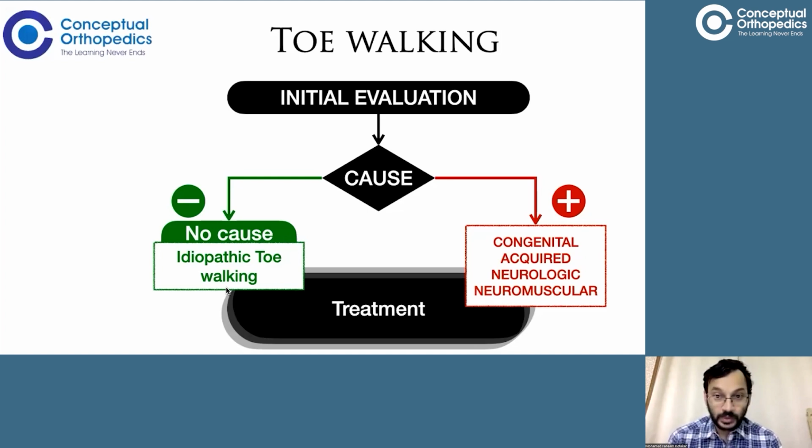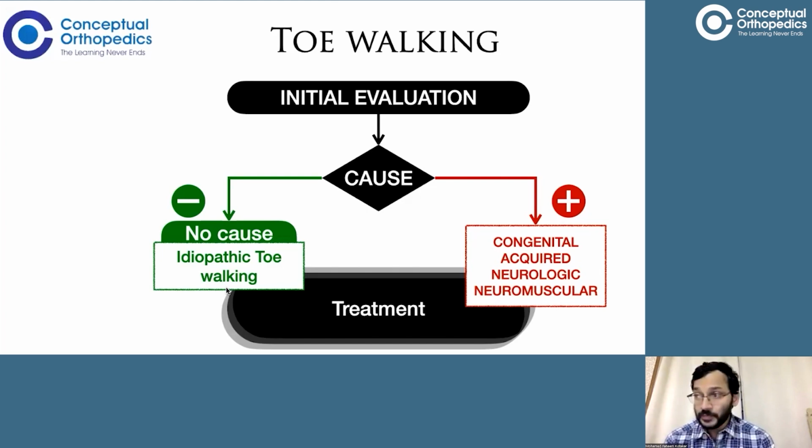Whereas if we find causes leading to this clinical feature of toe walking, then we would call it toe walking due to a condition. That could be congenital, it could be acquired, it could be neurologic, it could be neuromuscular.